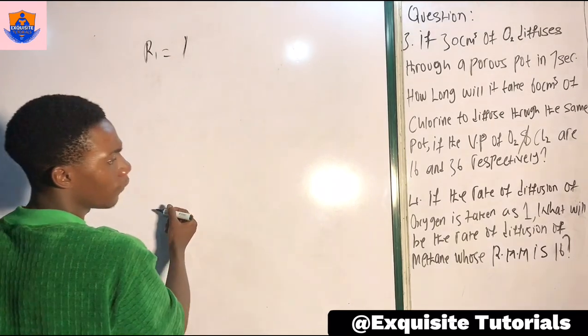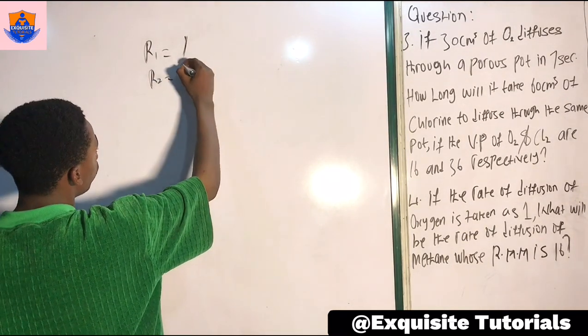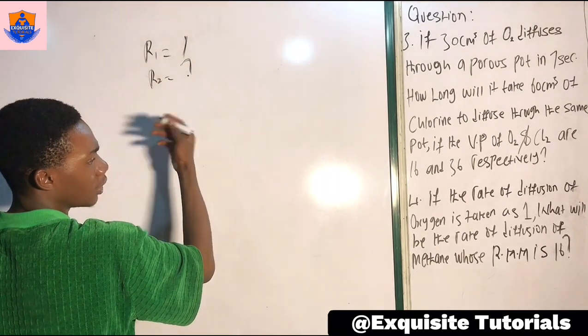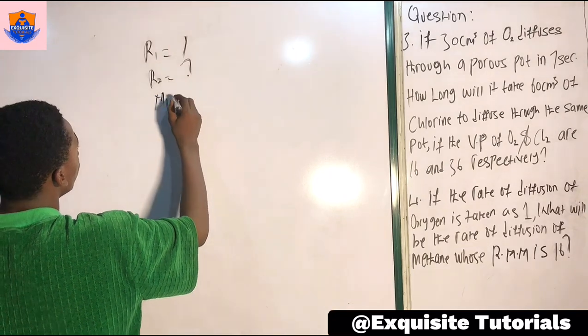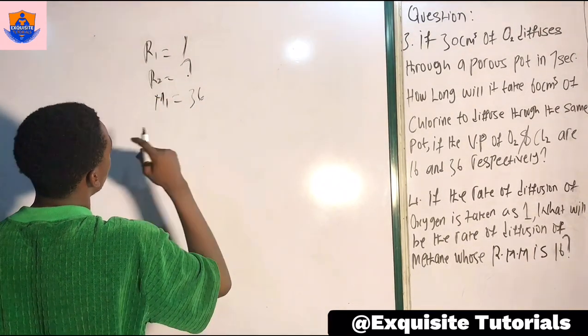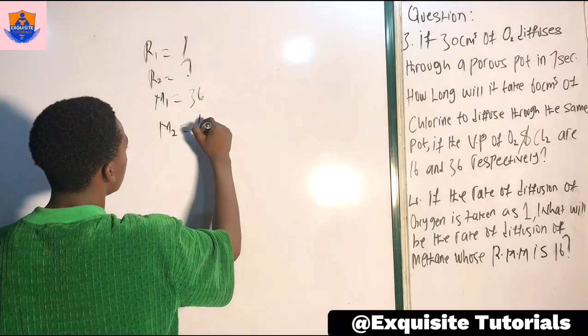What would be the rate of diffusion R2? It is unknown. By dealing with molecular mass, M1 of oxygen is 36, then M2 was given as 16.